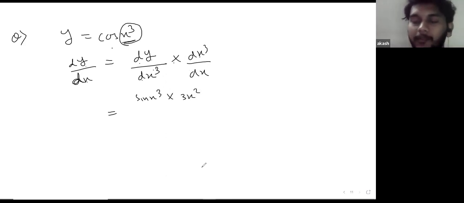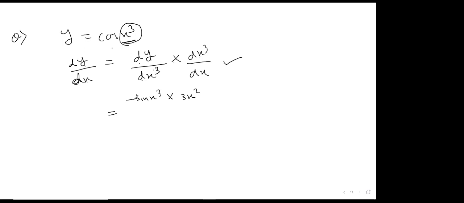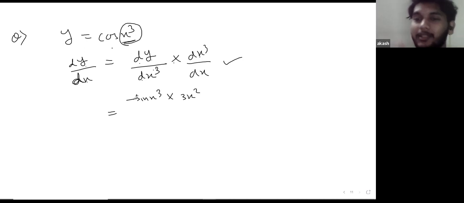Is this the answer, Rahman? Yes, sir. But sir, we'll get minus sin x cube, right? Absolutely right. Differentiation of cos is minus. All right, don't use the third method. Use that in 12th, in the speed of missiles.